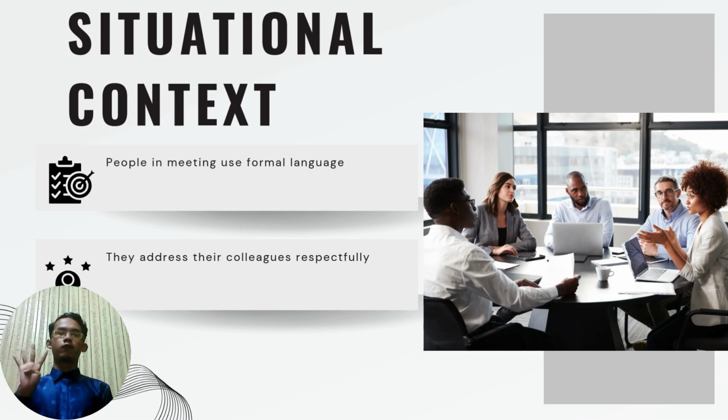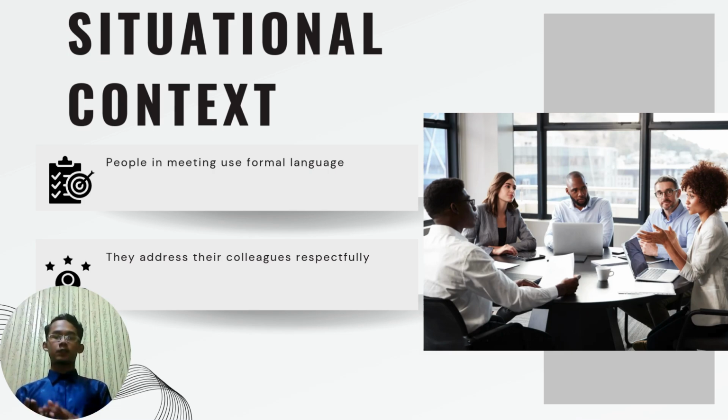So based on the four points of context, which are the settings, the participants, the topic, and the purpose. For the settings, we can see that the physical setting in the picture is a meeting room, a boardroom, and the meeting takes place in the afternoon or in the morning.